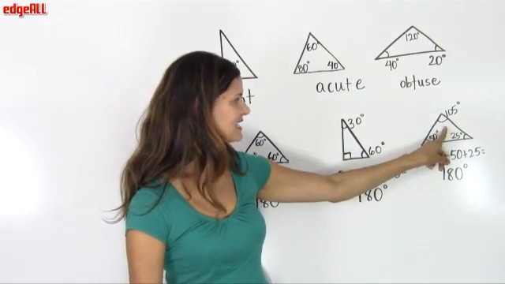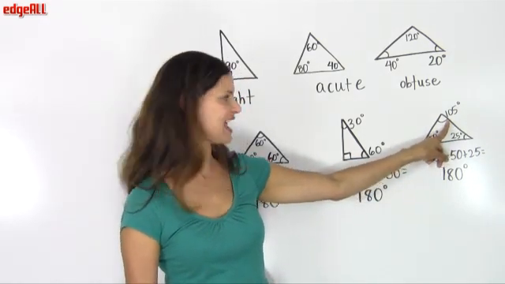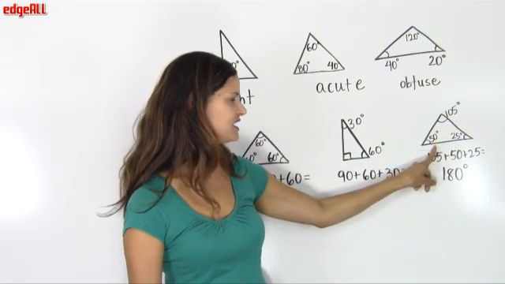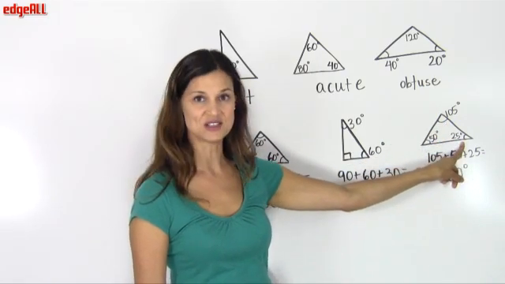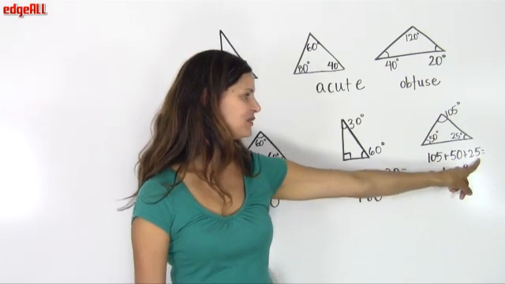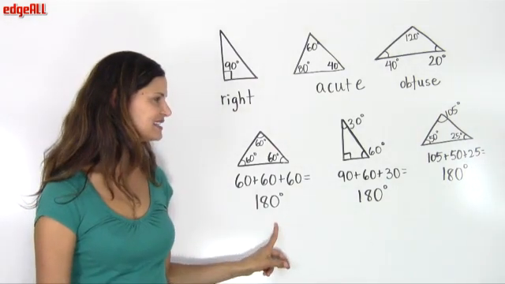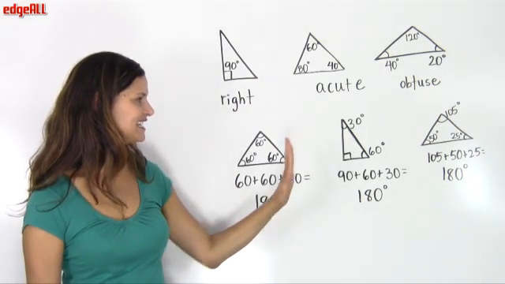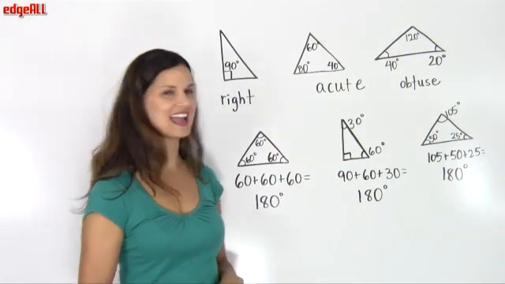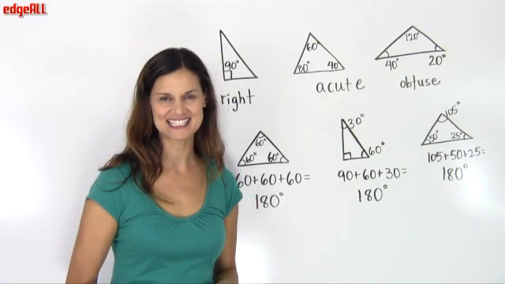And then in this obtuse triangle, where we have a 105-degree angle here, we have 50 degrees here and 25 degrees here. And so 105 plus 50 plus 25 equals 180 degrees. The three interior angles of a triangle always add up to 180 degrees.